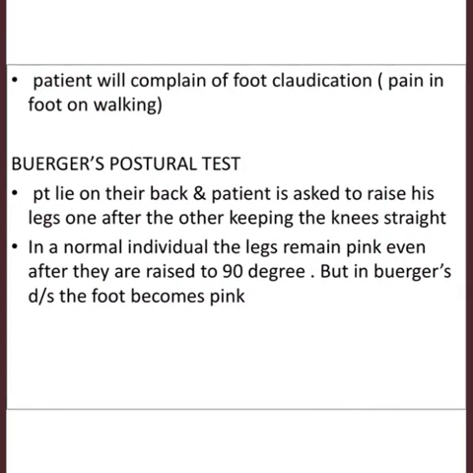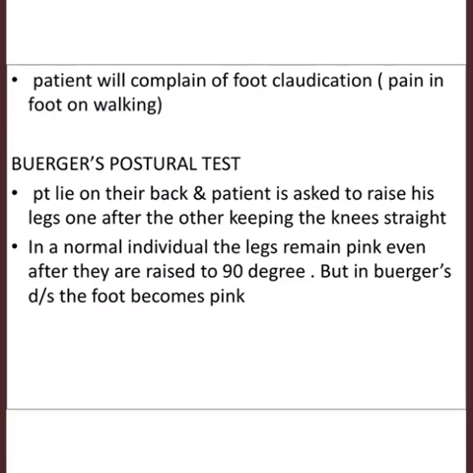Patient complains of foot claudication. It's a vascular claudication. When the patient walks, after a fixed distance, the patient feels pain, and he has to stand for a few seconds. The pain relieves, and again he can walk. And pain goes downward to upward.